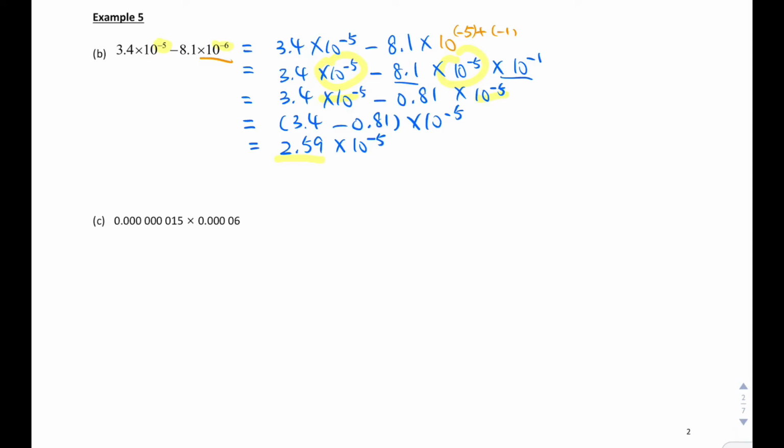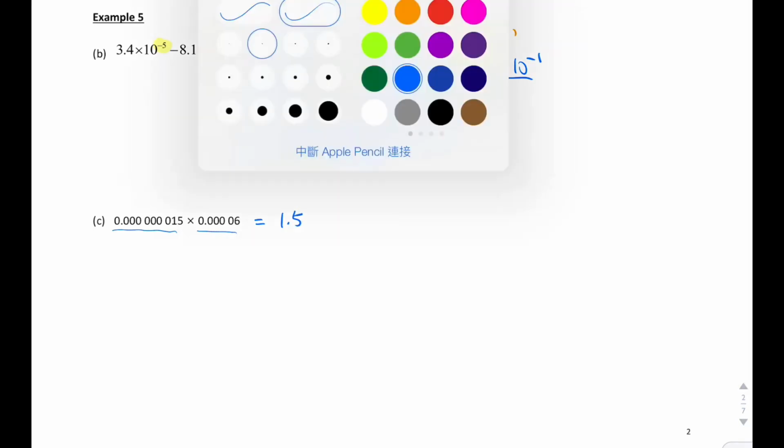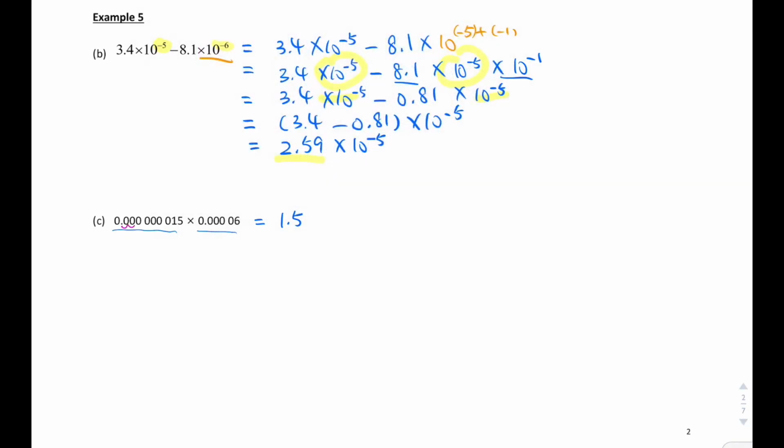For part C, the numbers are very small, and before you do the calculation, you can firstly rewrite them in scientific notation. The first one, this is 1.5, and the decimal point is moved 1, 2, 3, 4, 5, 6, 7, 8 places to the right.